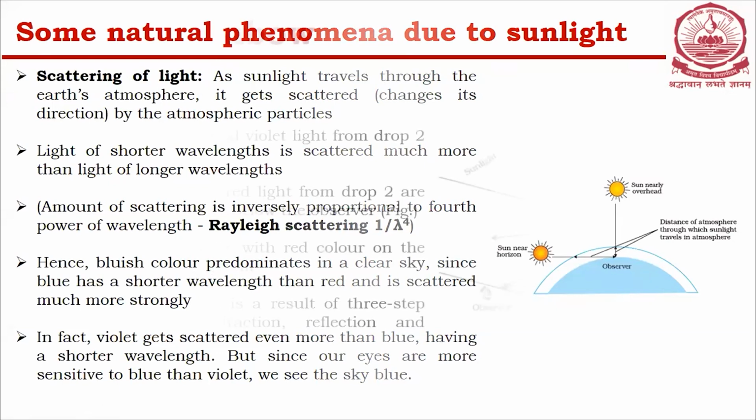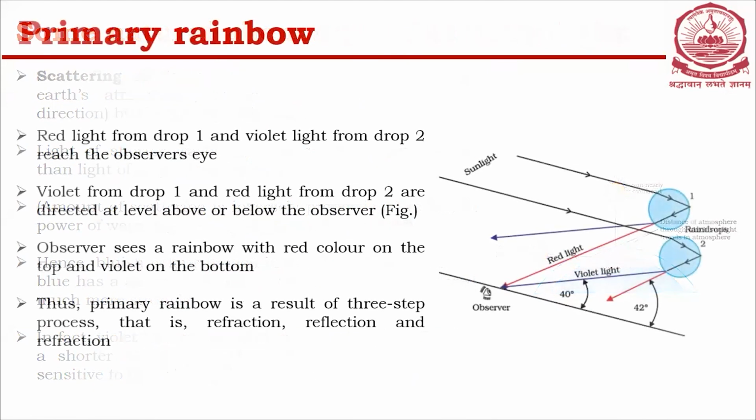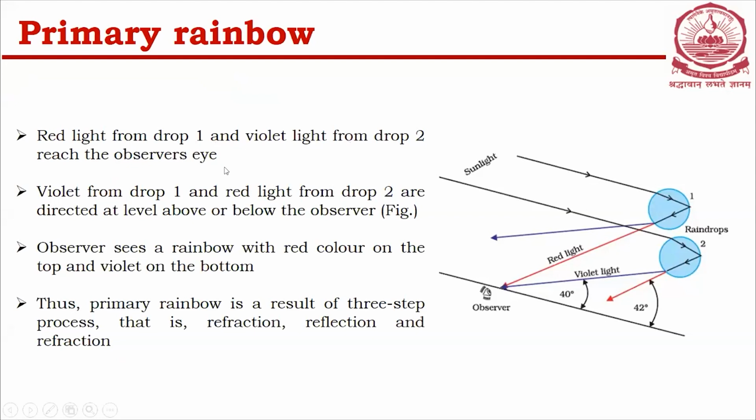The other phenomenon is that there are two types of rainbow. One is the primary rainbow and the second one is the secondary rainbow. Let's see the primary rainbow. This is how it appears here. Red light from drop 2 and violet light from drop 1 reach the observer's eye. So there are two drops, and the light is refracted through these two drops.